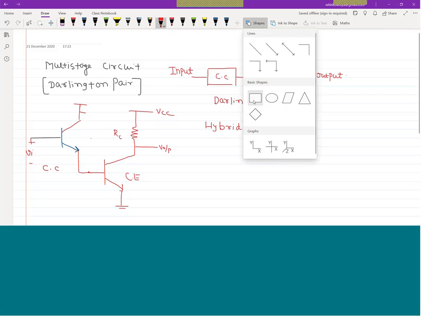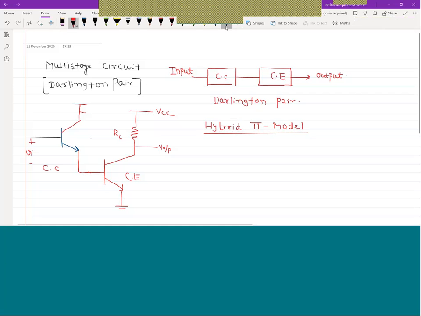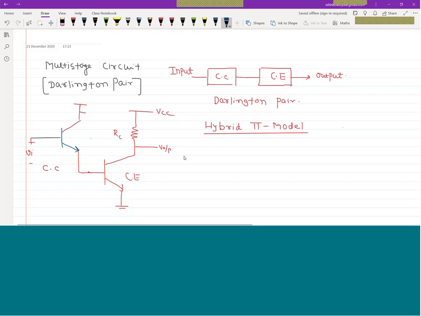First we are having R pi 1, and this is B1, the base of the first transistor.